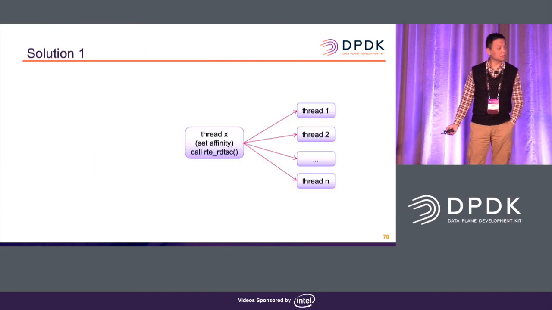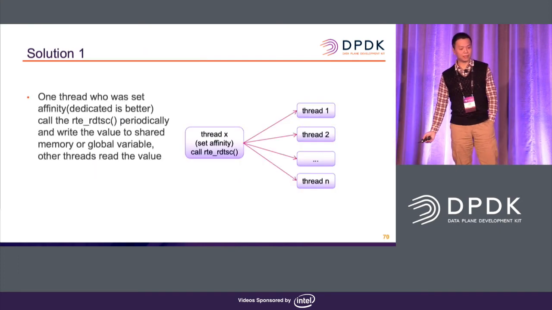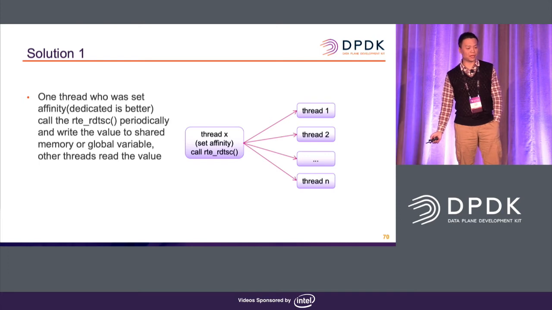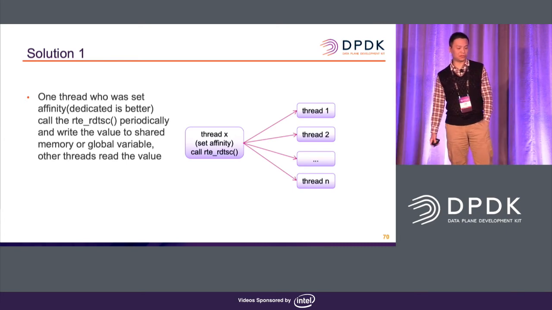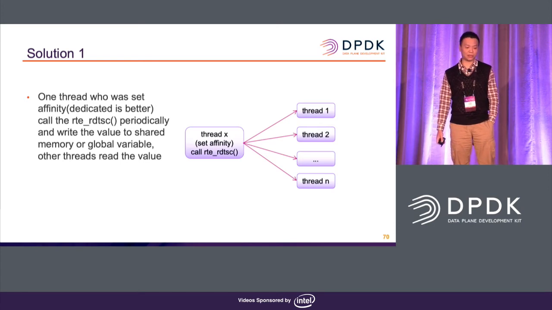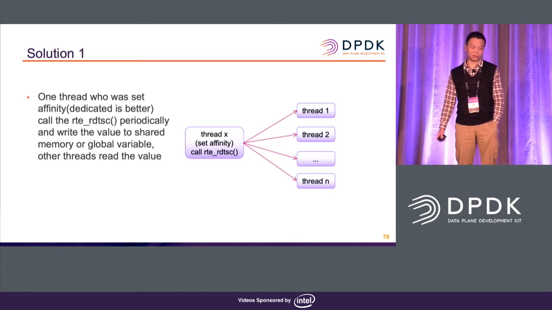How to resolve? We can use one thread that sets affinity, or a dedicated one is better. We call RDTSC periodically and write the value to shared memory or a global variable, and other threads that want to use it will read the value.